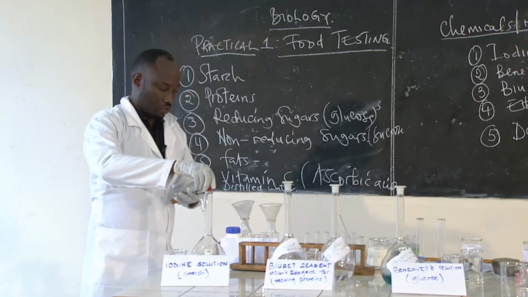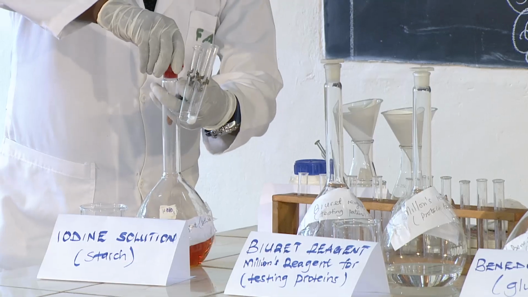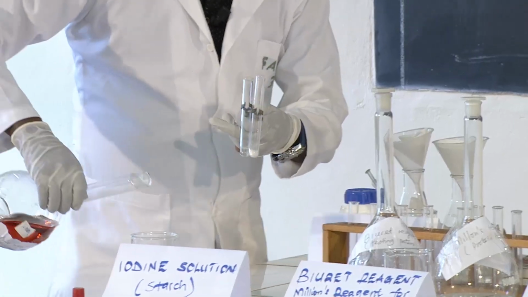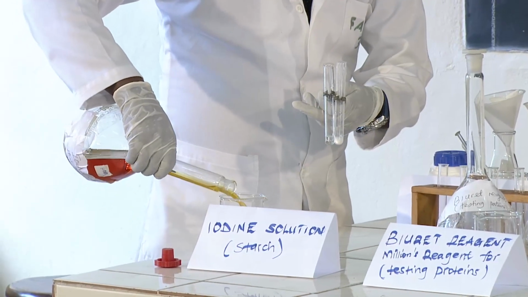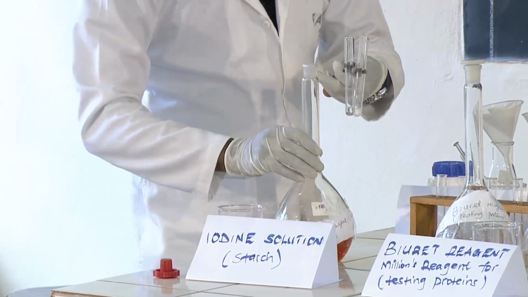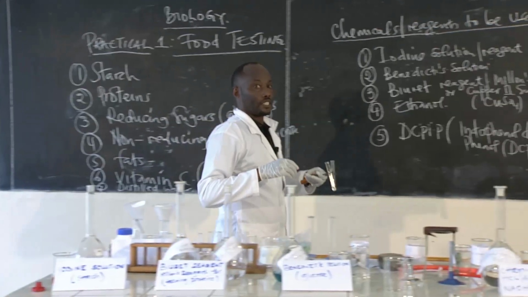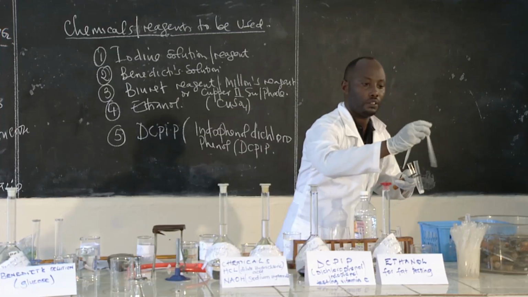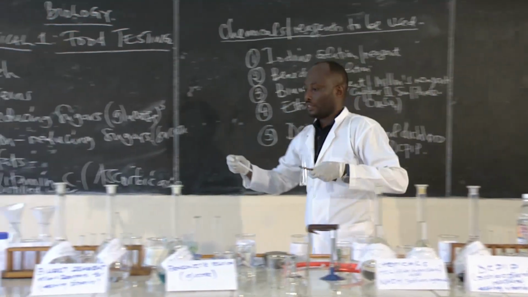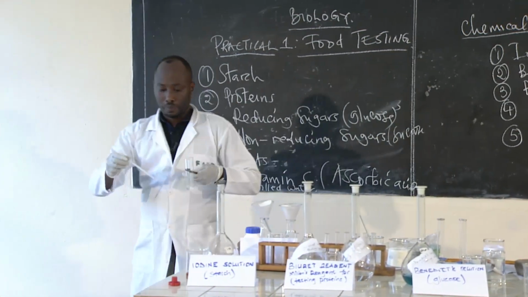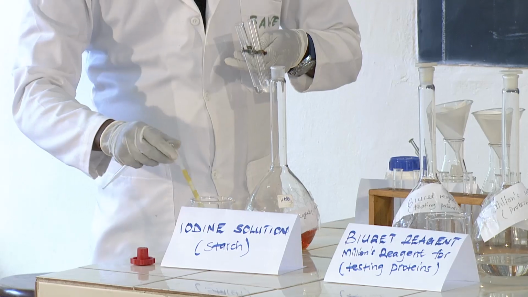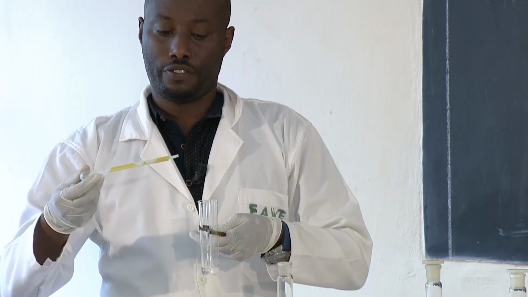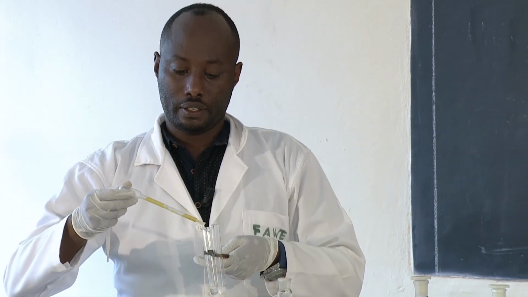I normally use the iodine solution. You pour the iodine solution into a beaker, and after that you get the droppers and see if there is color changing. You add the same amount as the amount of starch you have added.